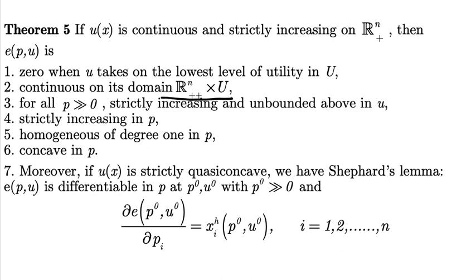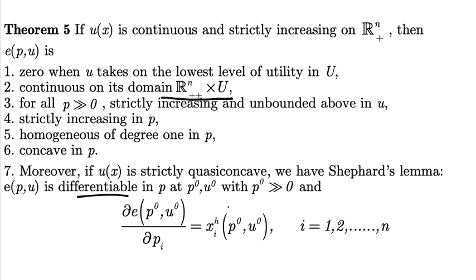And Shepard's lemma says what? The expenditure function is differentiable in prices at a certain price, let's call it P0, at a certain utility level U0, with P0 much greater than 0, and it has to be positive.